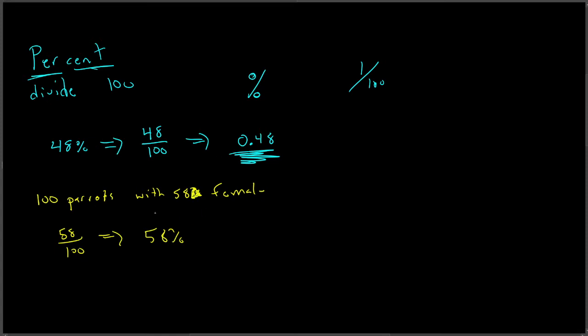If we have something out of 100, we'll get our percentage naturally.